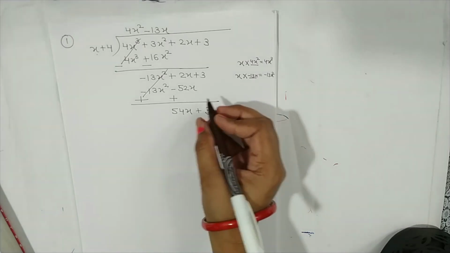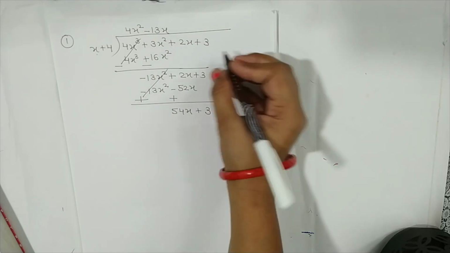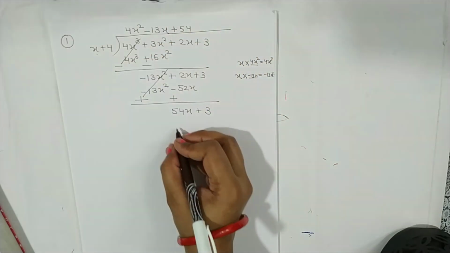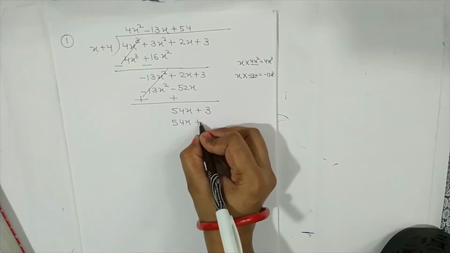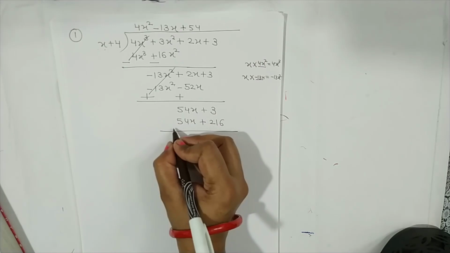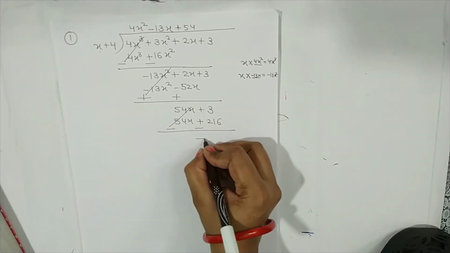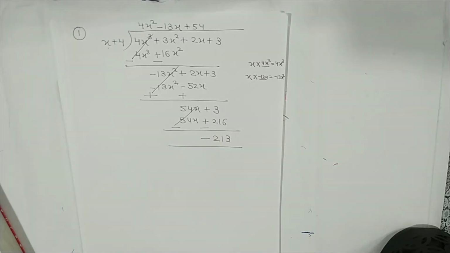Now we have to multiply by 54. So 54x, and 4 into 54 will be 216. The sign will change and it will cancel, so the remainder is minus 213. Now what is p of x?